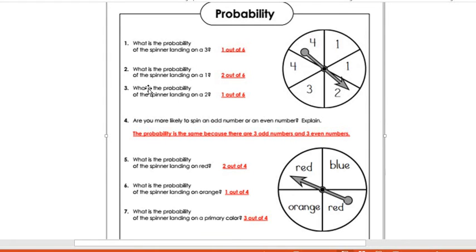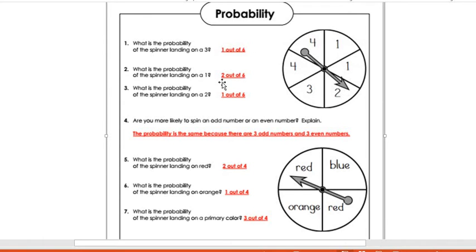What's the probability of the spinner landing on 1? I have here how many ones? How many parts denoted on it? 1 part, 2 parts. So I have 2 over the total parts. I have here 1, 2, 3, 4, 5, 6 parts.